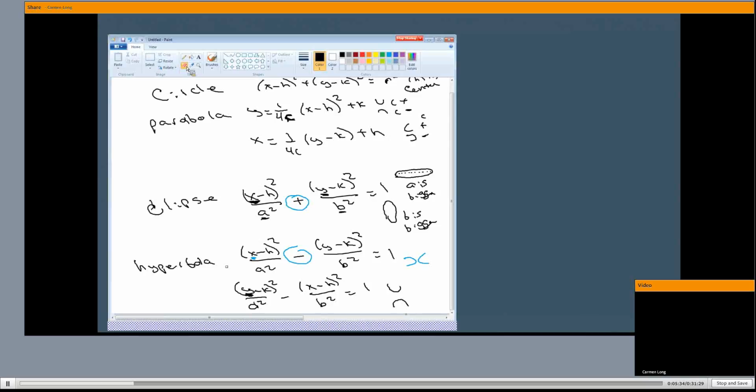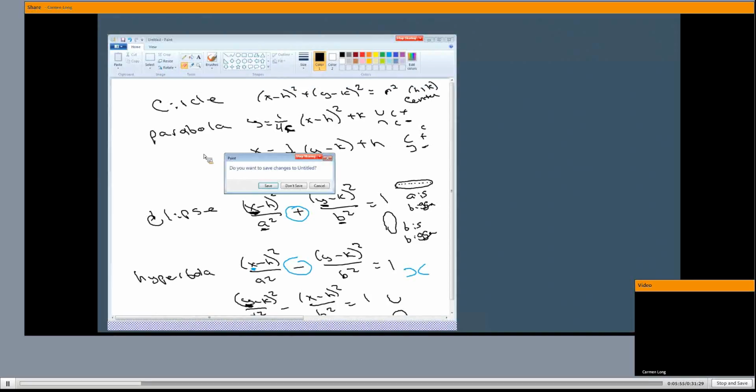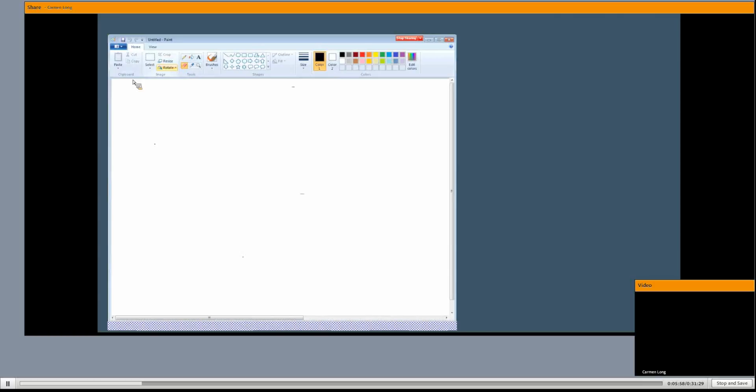So sometimes you're asked just to look at an equation and tell what kind of conic section it is. For example, there's my daughter, plus 10x minus 18y plus 25 equals 0.